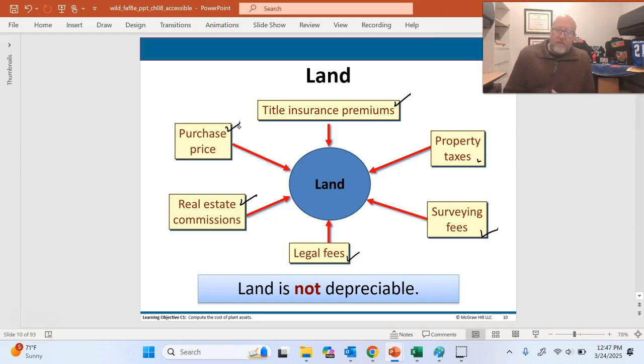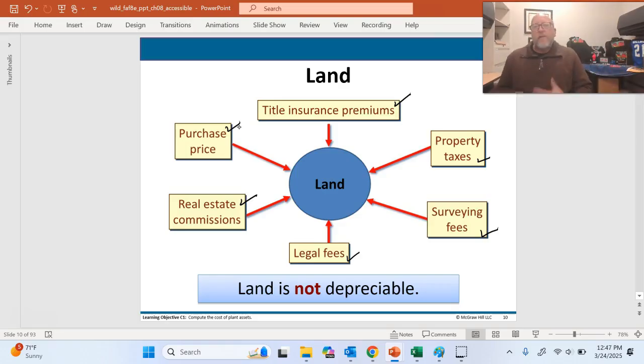And then property taxes. There are instances where, just because I own land, I have to pay property taxes. For me personally, I own a home in San Mateo and I pay probably $14,000 a year, probably $15,000 a year, just because I own a piece of land in San Mateo County.